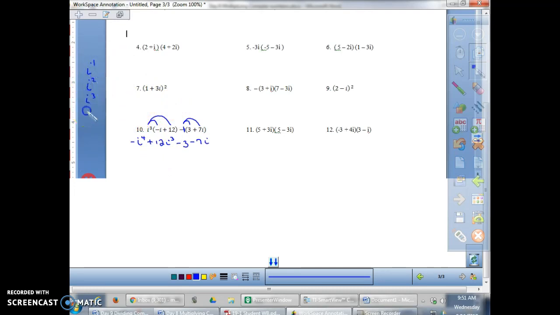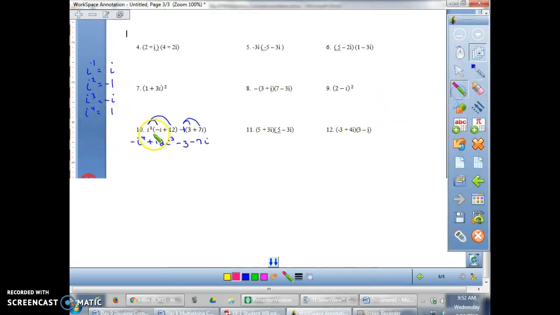And I'm going to go over this with you because you needed to see this anyway. So remember, it's i, 1, and it's positive, negative, negative, positive. That's just a little memory device to help you write that out every single time. Now, i to the 4th is just a 1.